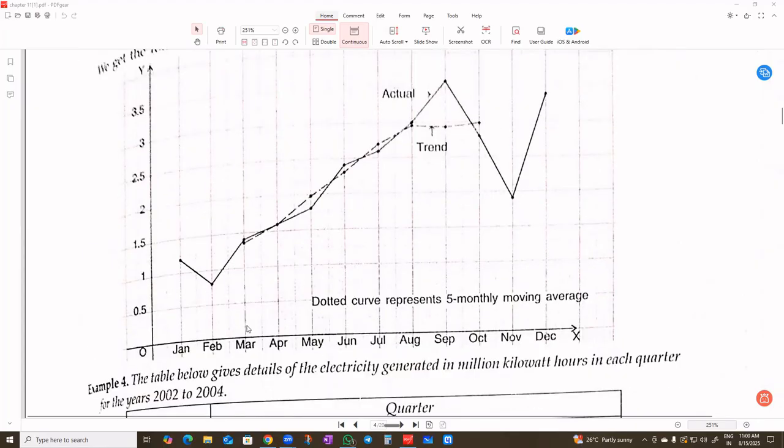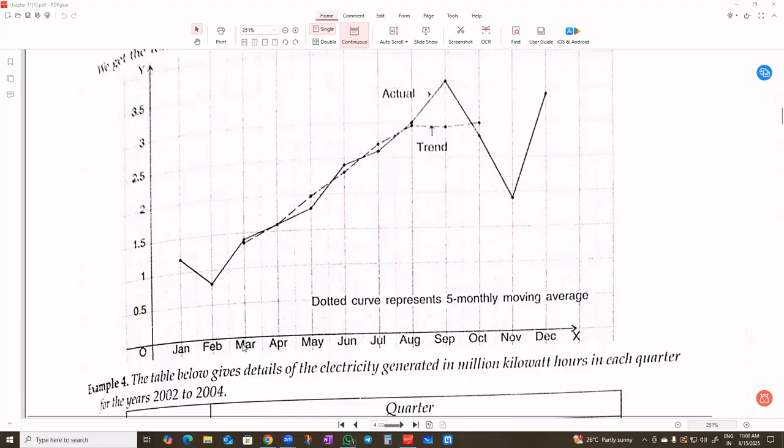Graph paper will be given in the examinations, or you can also create it on your answer sheet itself. Just take a pencil and scale, and draw the x-axis and y-axis on the answer sheet. If graph paper is not given, some students will prefer to write only on answer sheets, and some students will like to draw the graphs on graph papers.